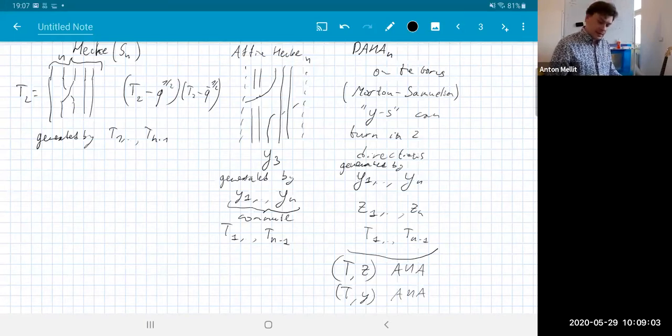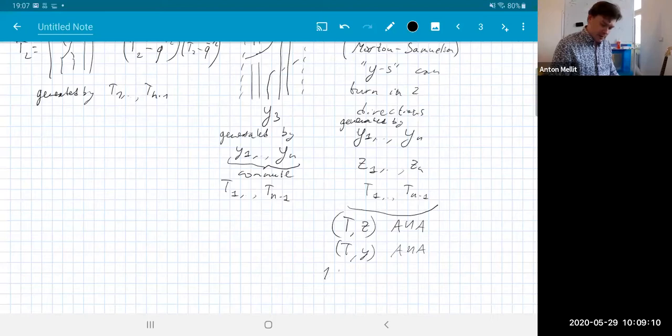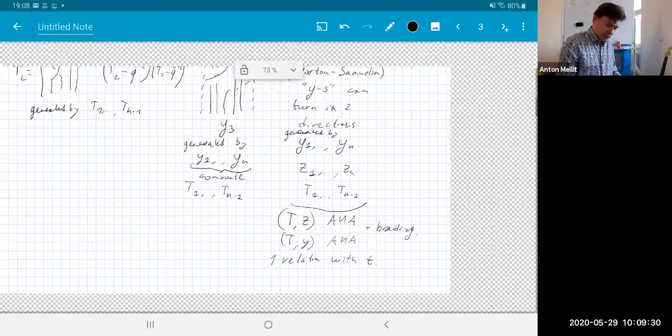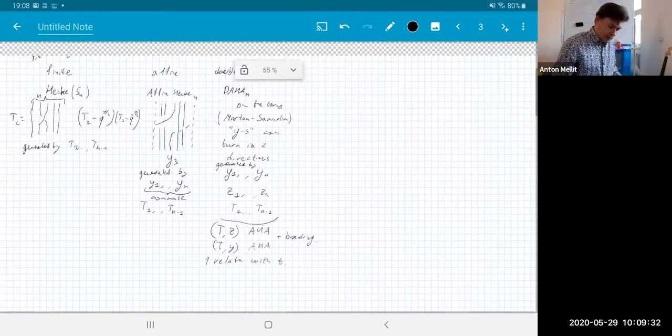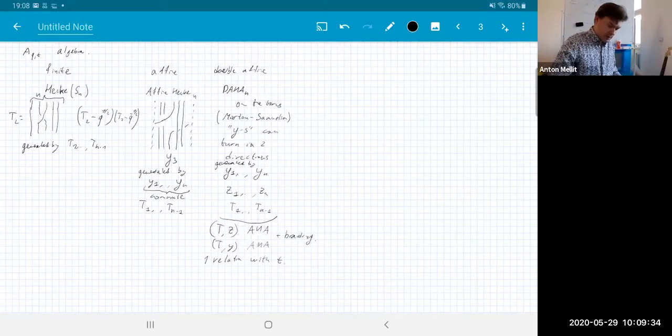Additionally, there is one single relation which contains T in it, plus some braiding. Okay, so this is a picture of Hecke algebras, affine Hecke algebra, DAHA.